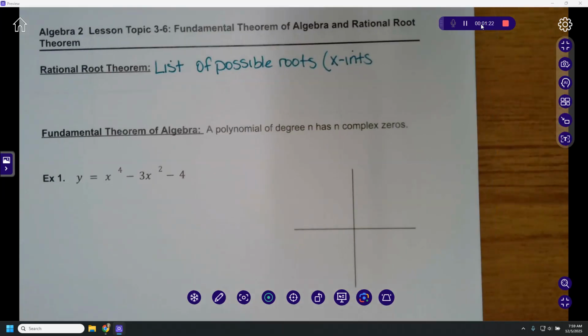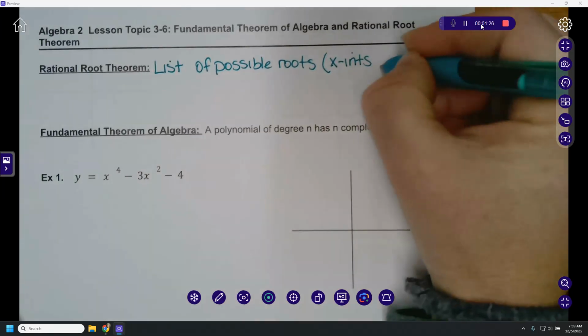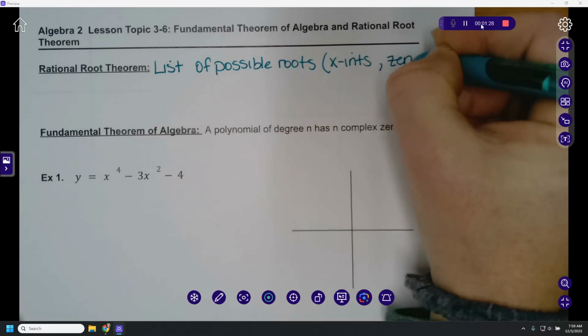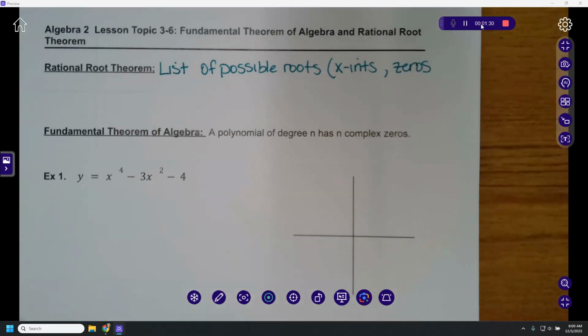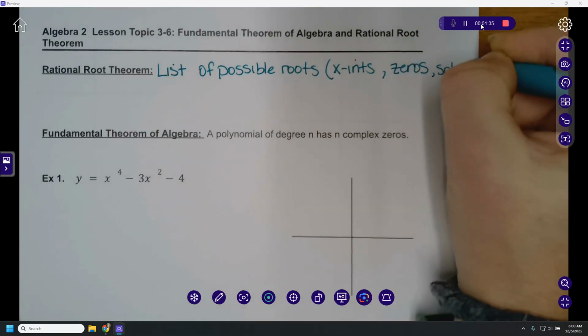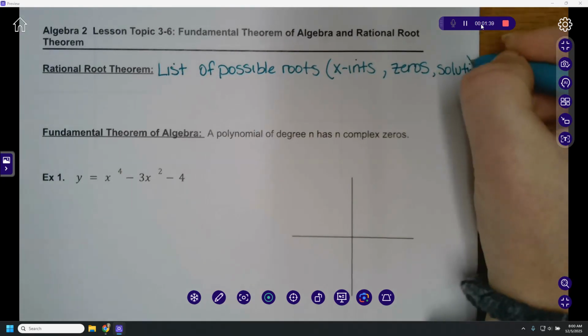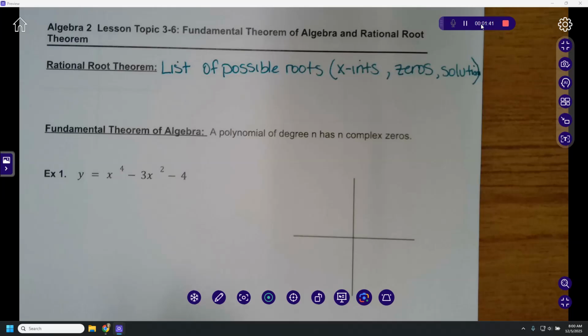I think that's probably the most common way people think of them. Or another name for them is the zeros. Or even sometimes the solutions. I'll squeeze that in, solutions. Okay.